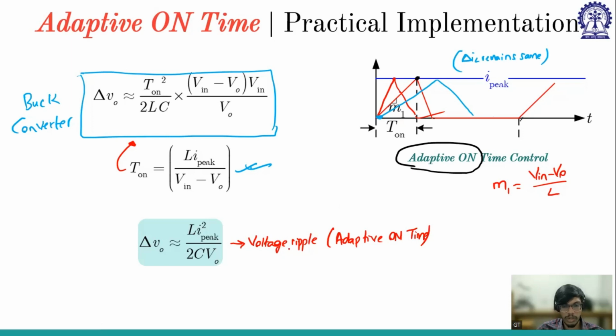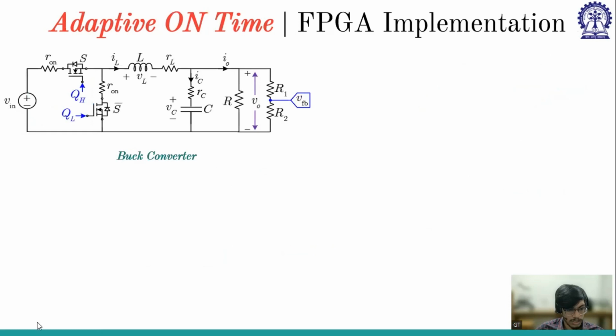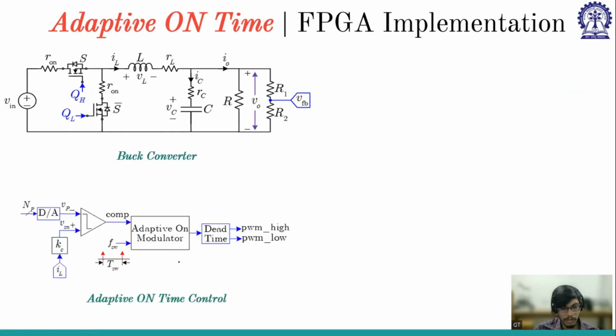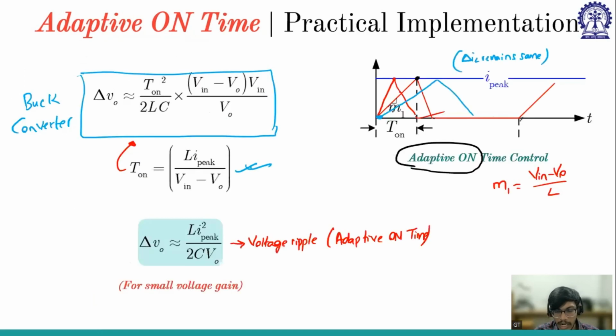Now if you go into the Verilog implementation, this is the buck converter, and this is the adaptive on time control. This is the inductor current, right? Whenever the inductor current touches I peak, it will generate one event, and based on that, the off time should start.